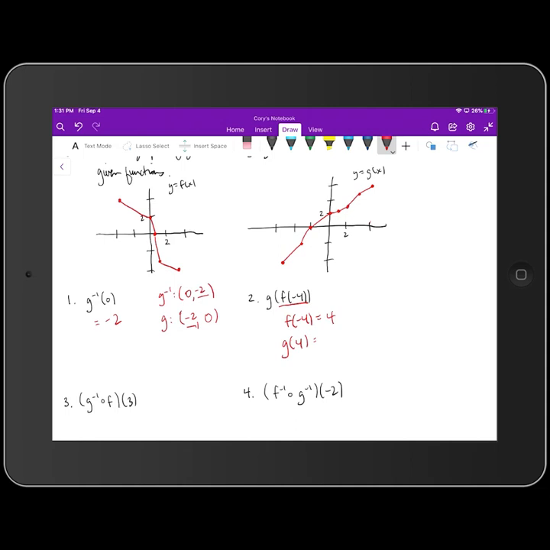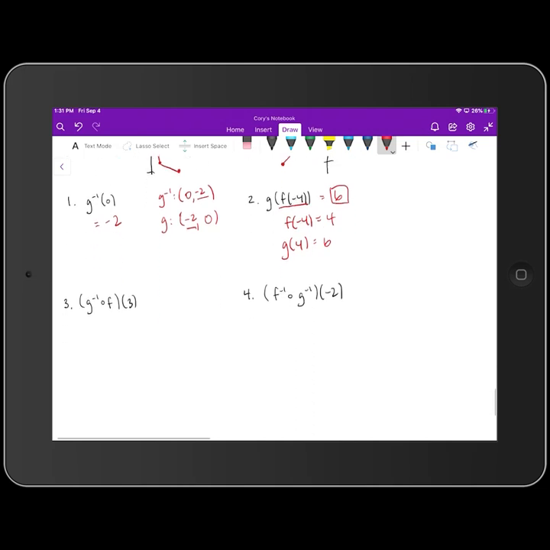And then if we want to calculate g's value at 4, we go to the graph of g, and the y coordinate at x equals 4 is going to be 6. Okay, so that composition there is going to be equal to 6.